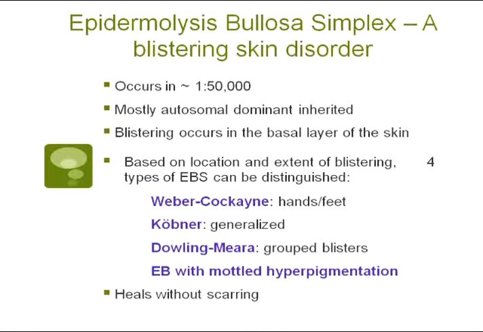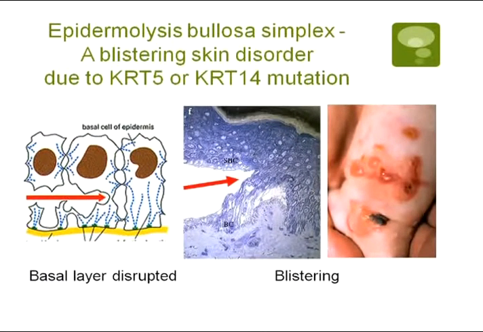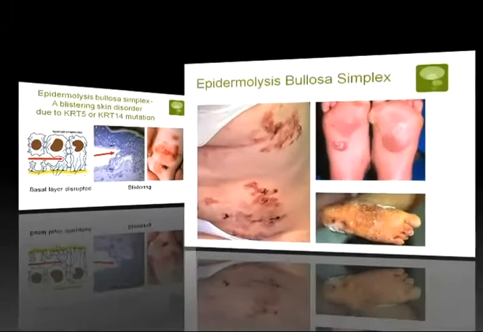But the main feature is that the cells in the basal layer of the skin are not as stable. They can collapse under friction and pressure, and then that results in blisters. As you can see here under the microscope, this is the skin rupture right here, and then clinically how it presents in an individual.